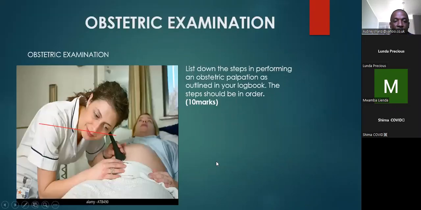So this is an obstetric exam, for instance. It says list the steps in performing an obstetric palpation as outlined in your logbook. I already talked about this. Another team was asked what this nurse is doing wrong here. If you've been examining patients, you know that when you are listening to the fetal heart, you shouldn't hold on to the fetoscope.